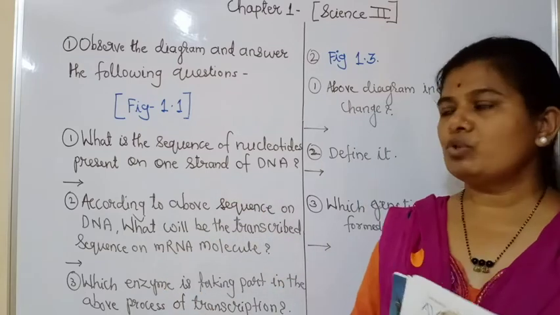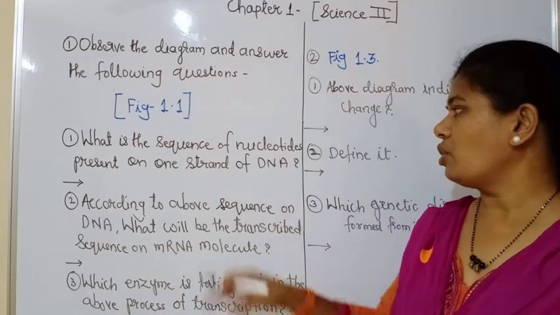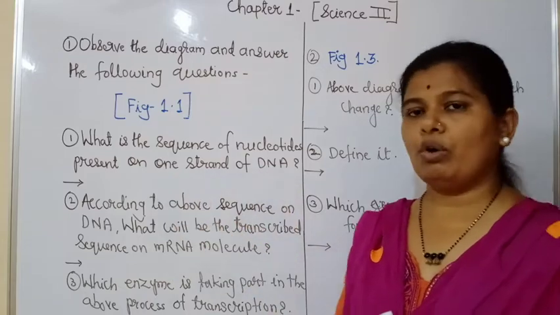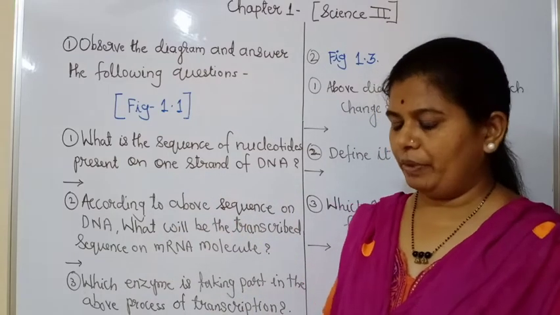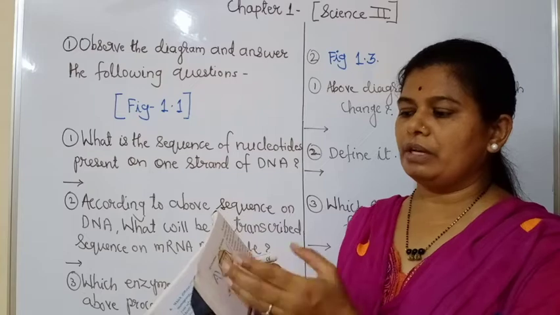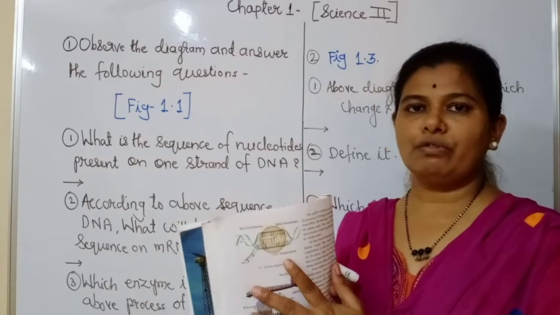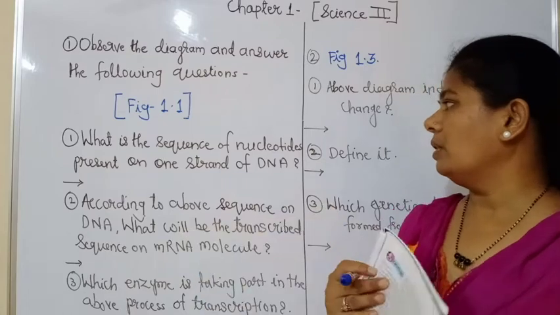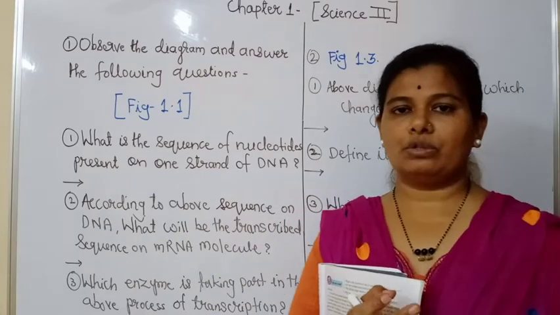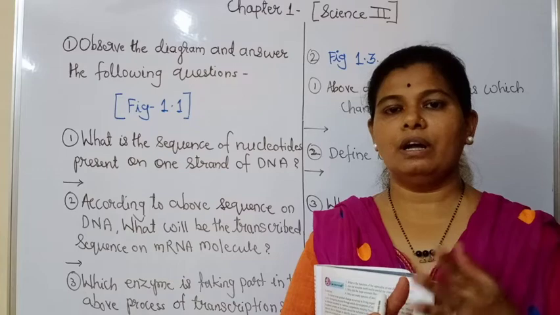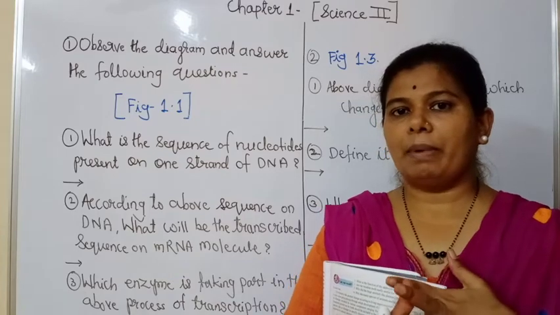See, now the first question is, what is the sequence of nucleotides present on one strand of DNA? You can see in the diagram there is a DNA and the RNA, regarding the transcription they have shown. So they have asked you the sequence of the nucleotides. All of you know about the nucleotides, that is adenine, guanine, cytosine, thymine.